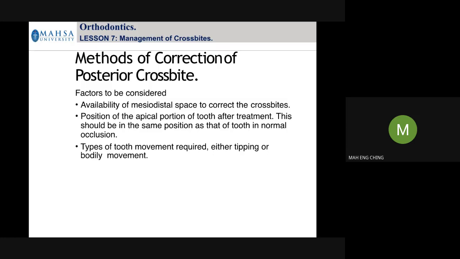Imagine if the patient has a skeletal problem, a narrow maxilla, then there's a limitation on how much you can expand the upper jaw. For an adult, you can always tip the teeth buccally, but that's not true expansion. That's why this is less stable, because the final position of the root is in a lingually tilted position. So there is a high chance the patient might relapse after the correction.